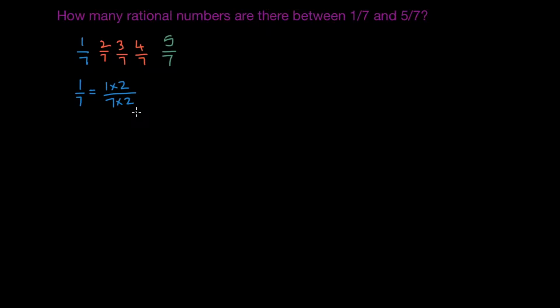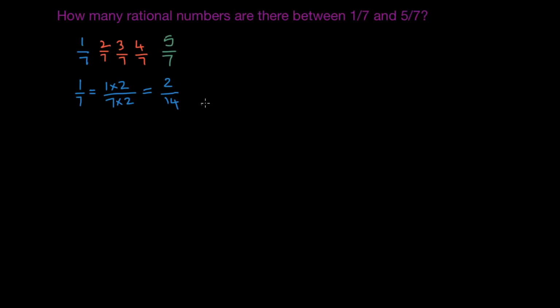And the number does not change when I do that, right? Because 2 divided by 2, what is that? That is 1. So when I multiply a number, in this case 1 by 7, by 1, the number does not change. So now what is 1 times 2? That is 2. And 7 times 2 is 14.